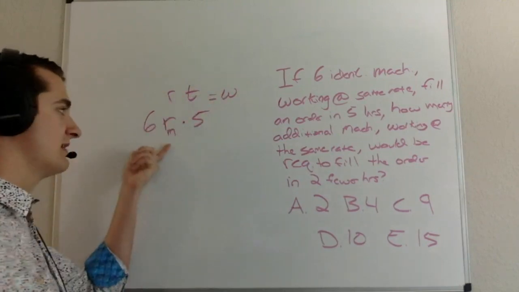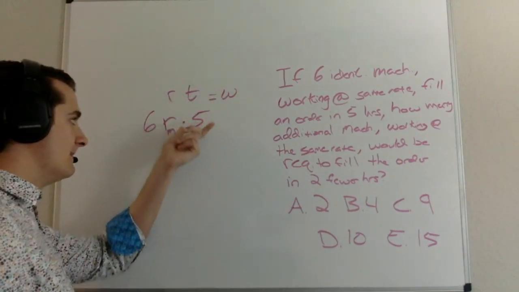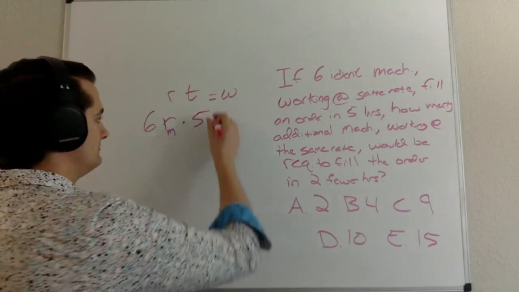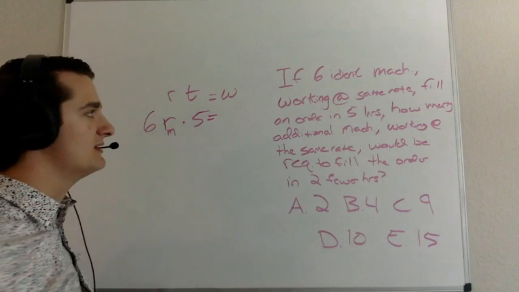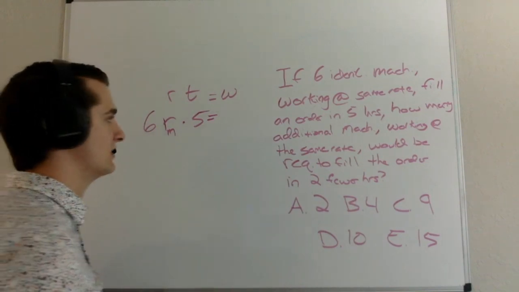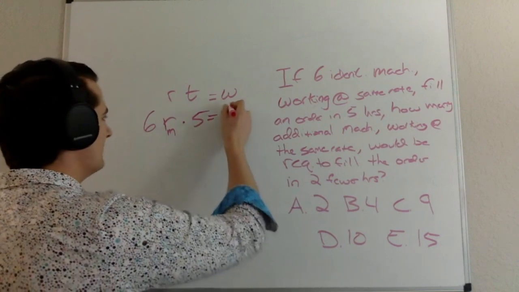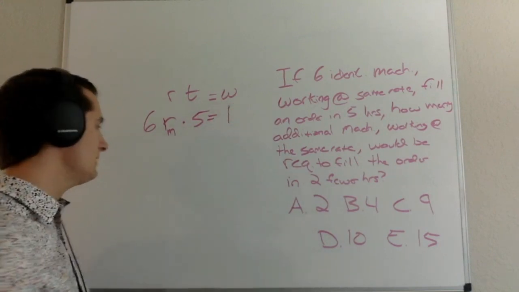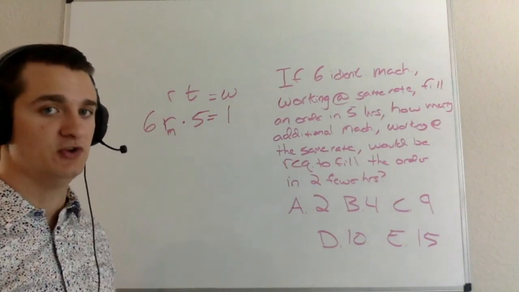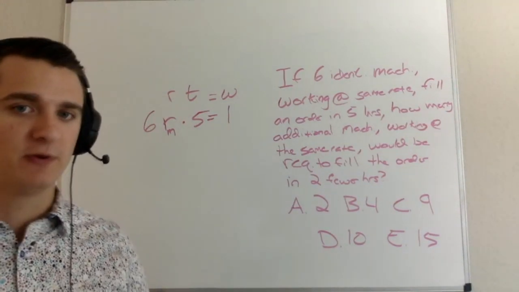So 6 times the rate of one machine times 5 hours is equal to W, we could call it all sorts of things, but I'm just going to call it 1. So 6 times the rate of one machine times 5 is equal to 1 order of production.